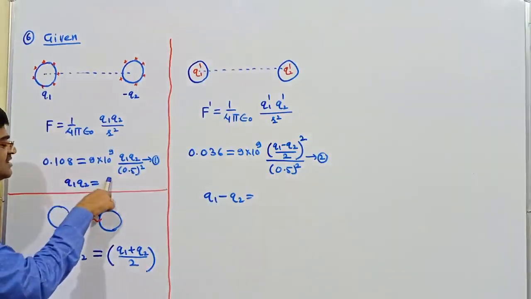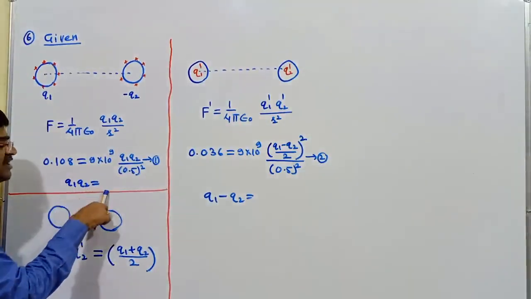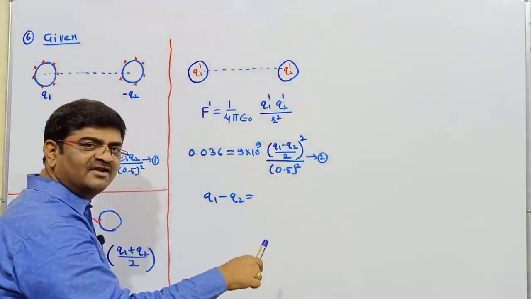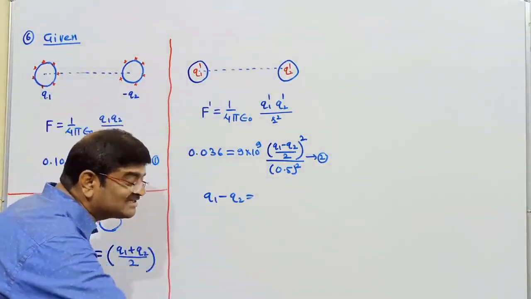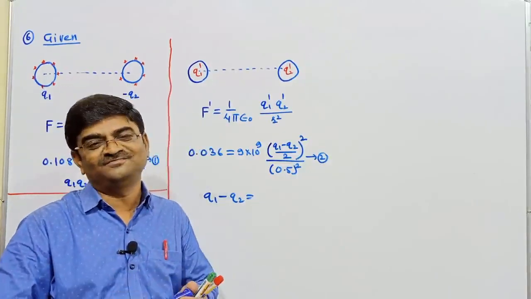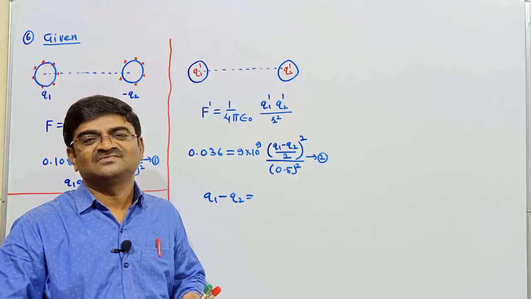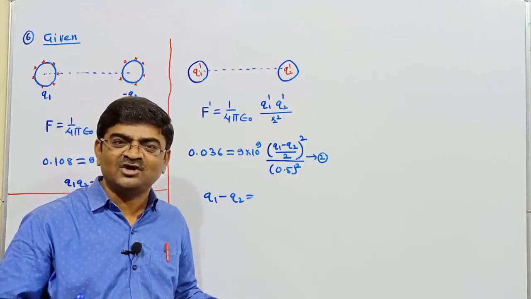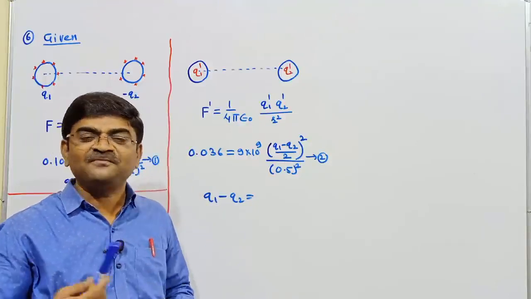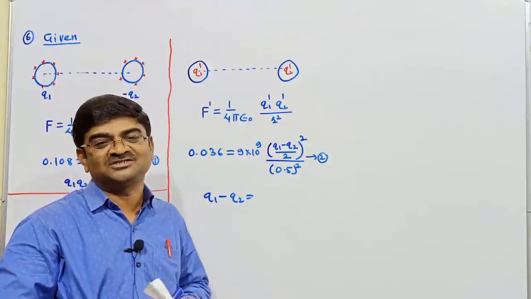Then you get this as a quadratic equation either in q1 or q2. Quadratic equation, if it is easily solvable, if you have easy factors, you can come to the answer. If not, you can go to that third equation.